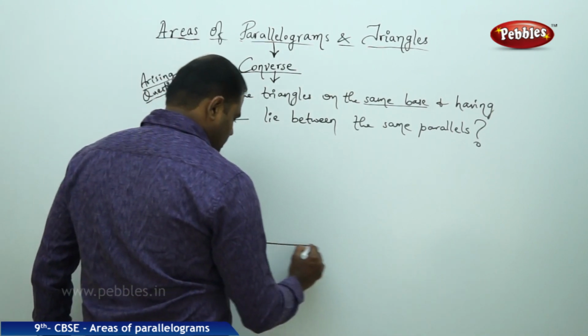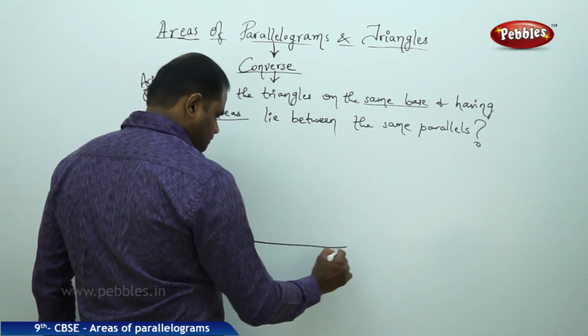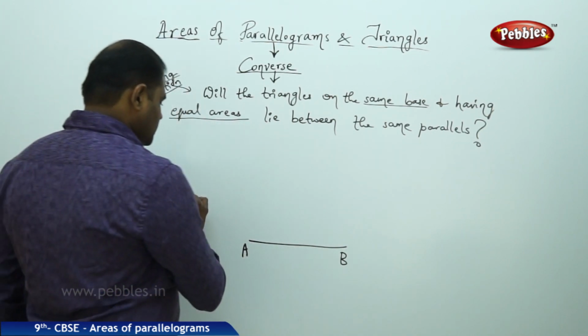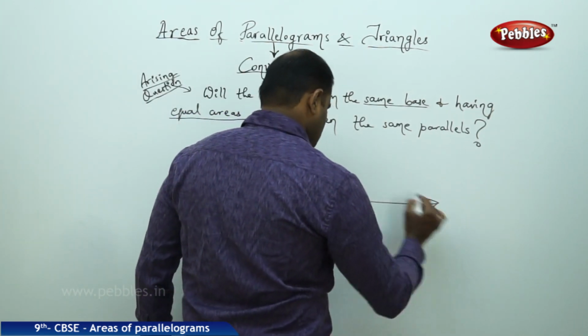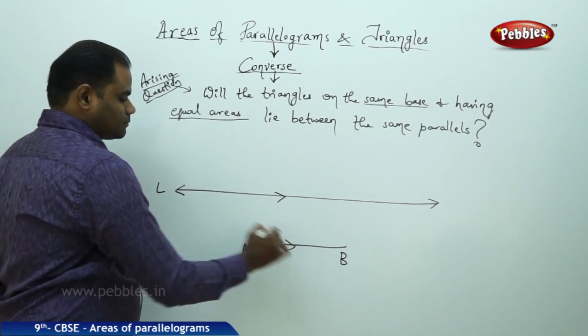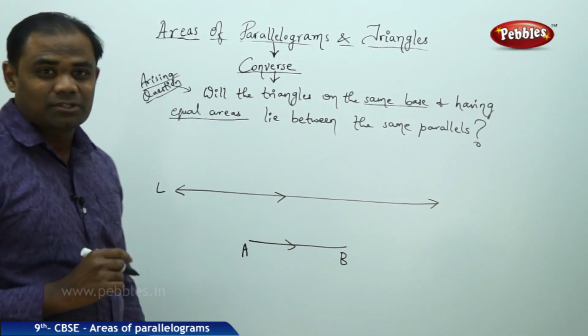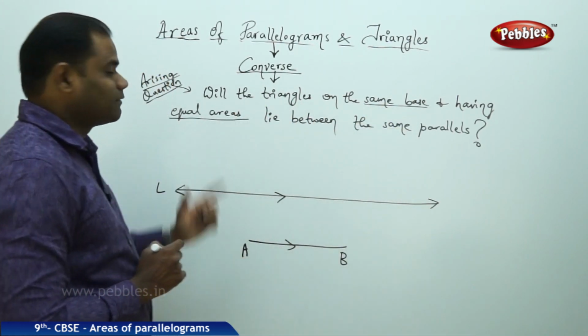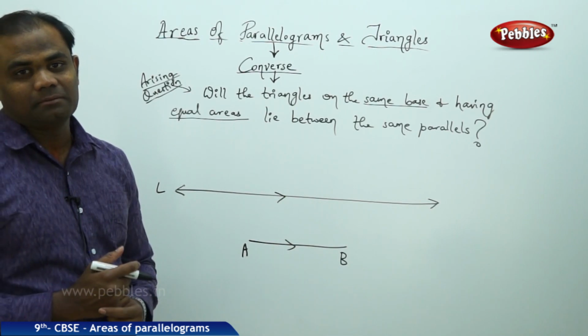Imagine I have the same base AB, and let me take a line L which is parallel to AB. Now let's take two triangles which are on the same base and having exactly equal area.